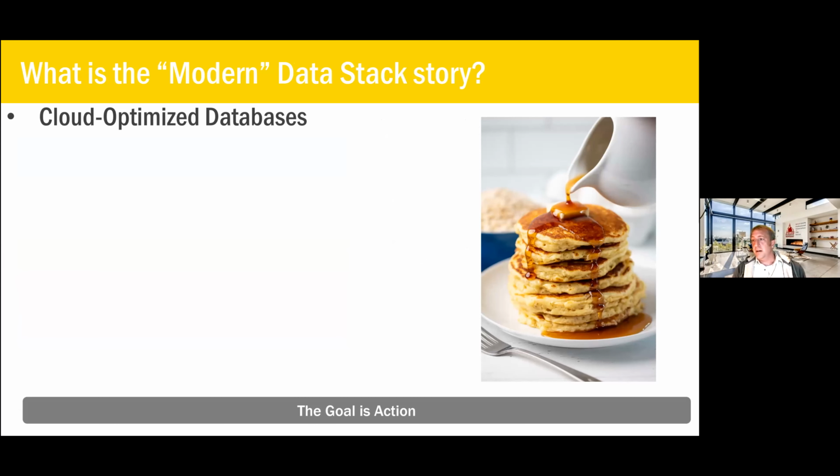So what is the modern data stack? Well, there are a number of databases that have emerged in the past, let's say 10 years, that are different than the databases that were available prior to them. The first one was Redshift, an Amazon Web Services product, then along came Google BigQuery, and then there's another database called Vertica.